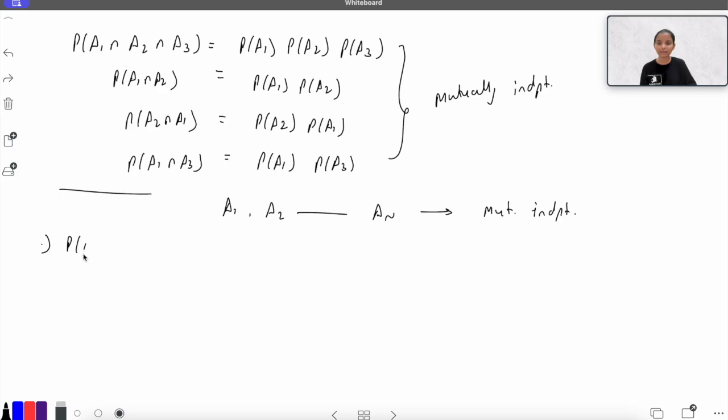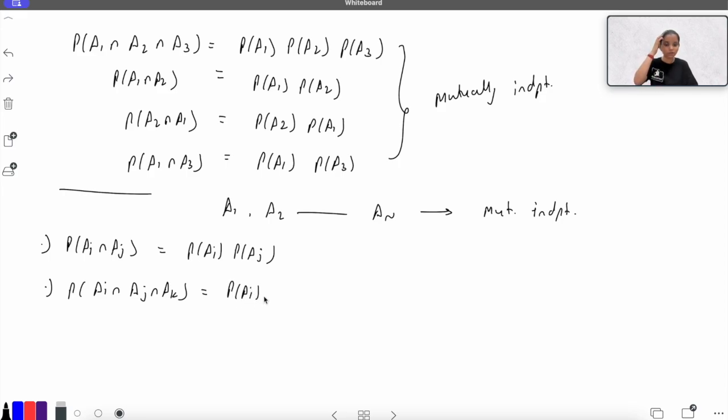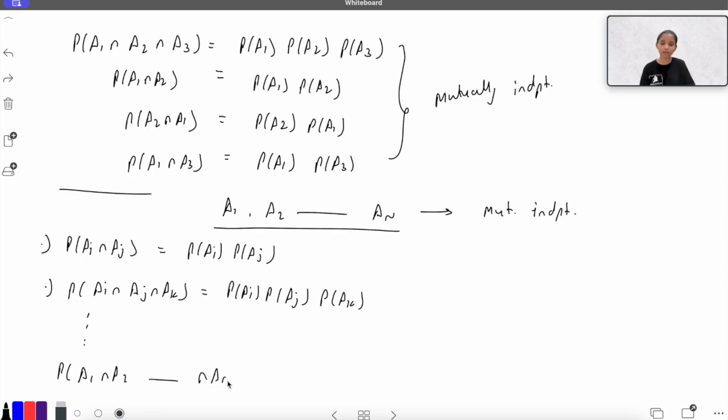You will check that the probability of ai intersection aj has to be equal to probability of ai into probability of aj. Then you will check in the triplets, probability of ai intersection aj intersection ak, that has to be equal to the product of the individual probabilities. Then you will check on quadruples, and you will keep on doing this until you take all the terms at one time, like a1 intersection a2 to intersection an, that is just the multiplication of all these terms.